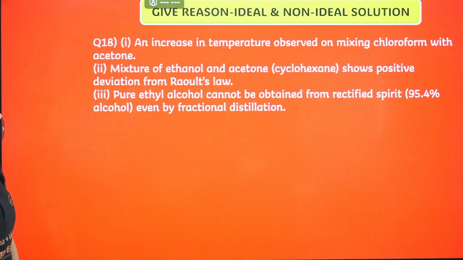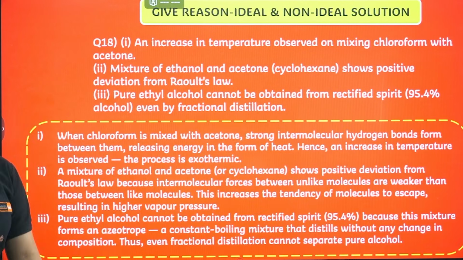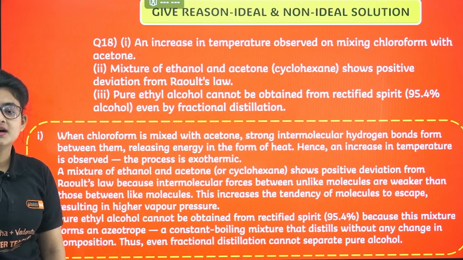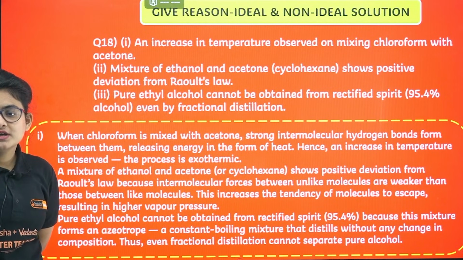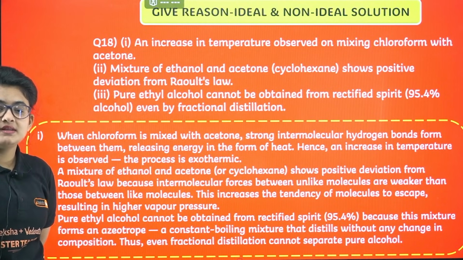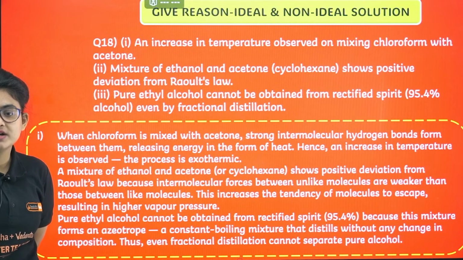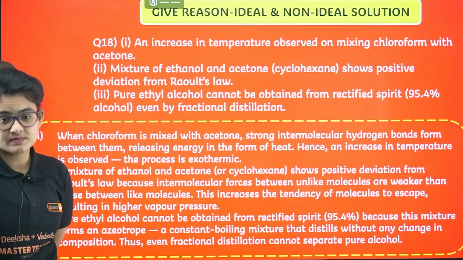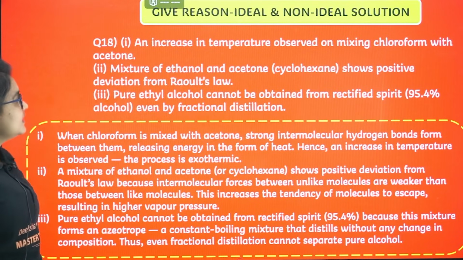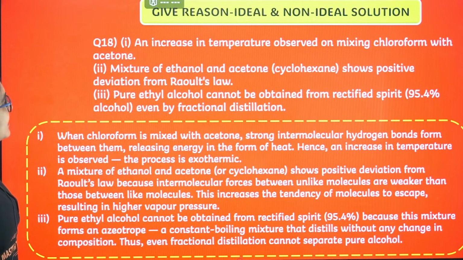Okay, an increase in temperature is observed on mixing chloroform with acetone. Definitely because of the hydrogen bond that forms. An intermolecular hydrogen bond forms between the acetone oxygen and chloroform hydrogen, which releases some heat. As a result, you will see an exothermic reaction. Next, a mixture of ethanol and acetone shows positive deviation from Raoult's law.